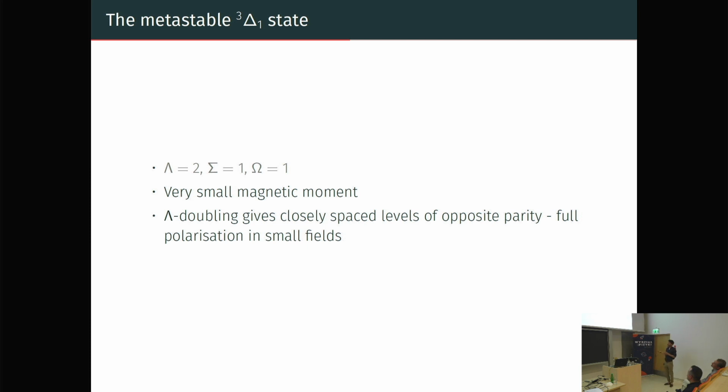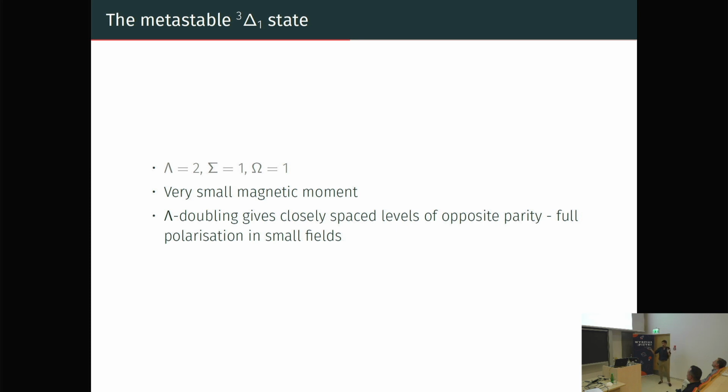And that has this kind of magic property because the g-factor for the spin angular momentum is double that of the orbital angular momentum. We get a very, very small g-factor. They nearly cancel each other out. And the lambda doubling that comes from having a non-zero orbital angular momentum gives us these pairs of states of opposite parity, which are separated by really very small amounts. In hafnium fluoride, it's something like 740 kilohertz.